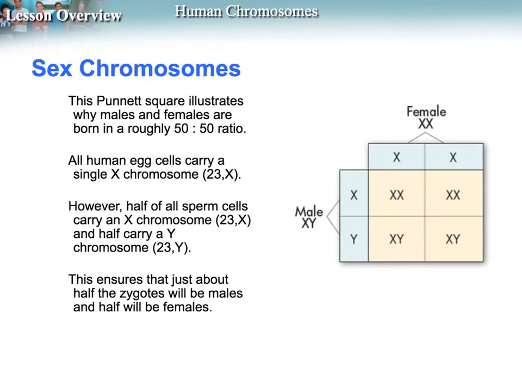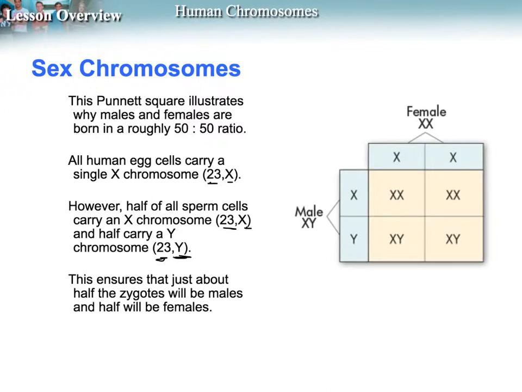This Punnett square illustrates why males and females are born in a roughly 50-50 ratio. All human eggs carry a single X chromosome. So there are 23 chromosomes, and that 23rd one is going to be an X. However, half of all sperm cells carry an X chromosome, and half carry a Y chromosome.